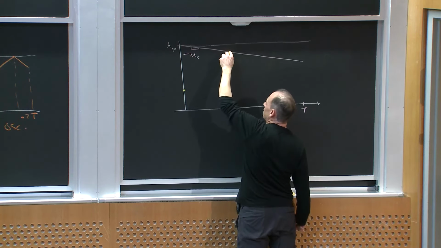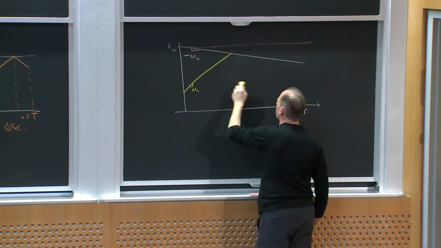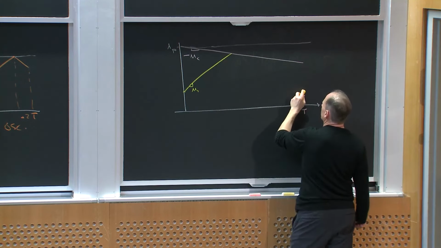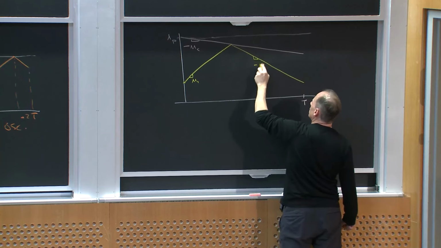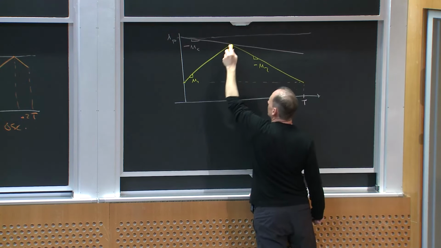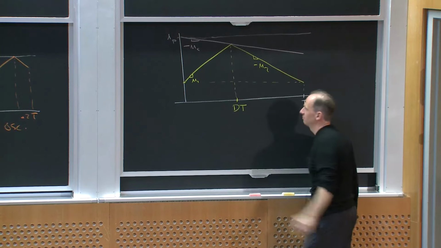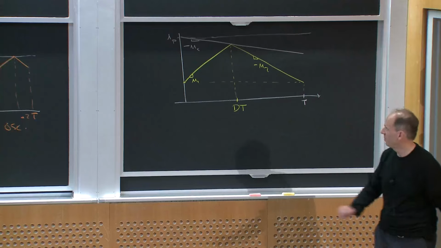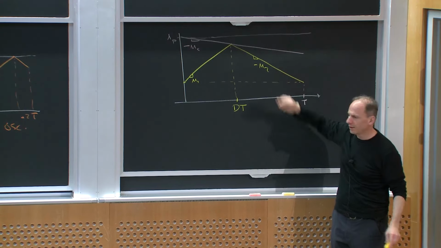I ramp up with slope M1, then I ramp down with slope minus M2, and I end up exactly where I started at the beginning of the cycle, right? This is periodic steady state behavior. So this is what I'm going to call DT, okay? This yellow waveform is the behavior I'm looking for, okay?